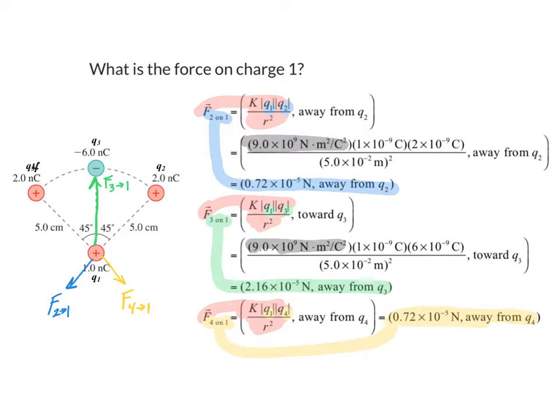Okay. Now, one little side note that I haven't emphasized yet. When I write, or when you read, that force 2 on 1 equals Q1 Q2 over R squared, these are all magnitudes. That's not a vector yet because it doesn't include direction.